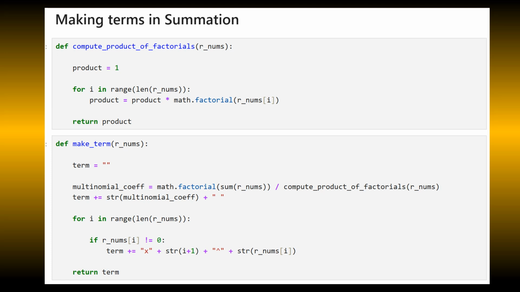We also have a make term function that utilizes that function up there that computes the product of factorials. It's going to put that as the first component of the term, and the second component of the term will consist of x1 to the k1 times x2 to the k2 times x3 to the k3, all the way to xr to the kr. That's what it'll do.